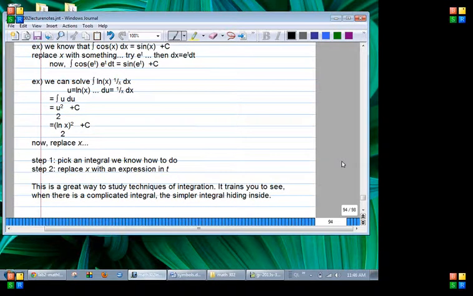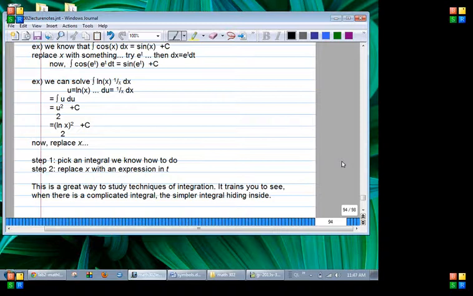But what I suggest, if you want to do, like I said, an integration techniques workout, is pick an integral that we know how to do, then replace x with an expression in t. Make it into a harder integral that suddenly you know the answer to. And this is a great way to study techniques.